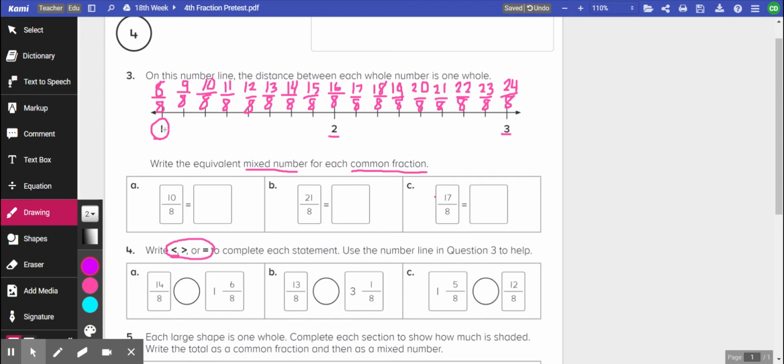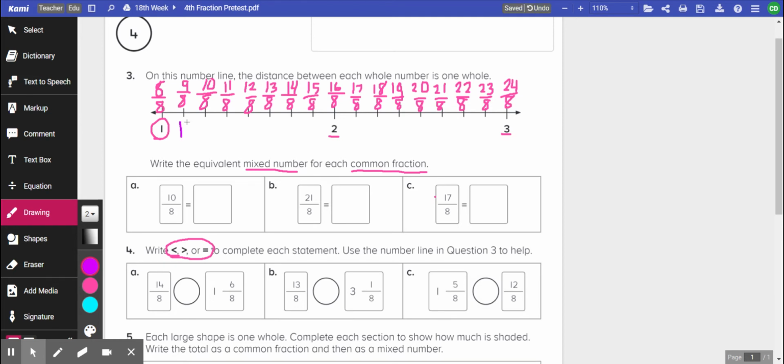So the main mistake students make here is they write 1 and 9/8. That does not make sense because that is one whole more than 9/8. If the mixed number and the improper fraction are at the same spot on the number line, they should equal the same thing. So once you hit a whole number, you start over with your eighths.